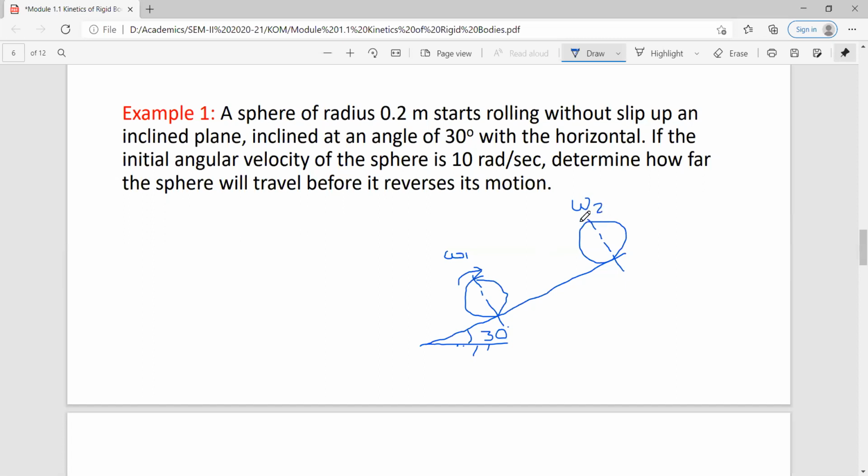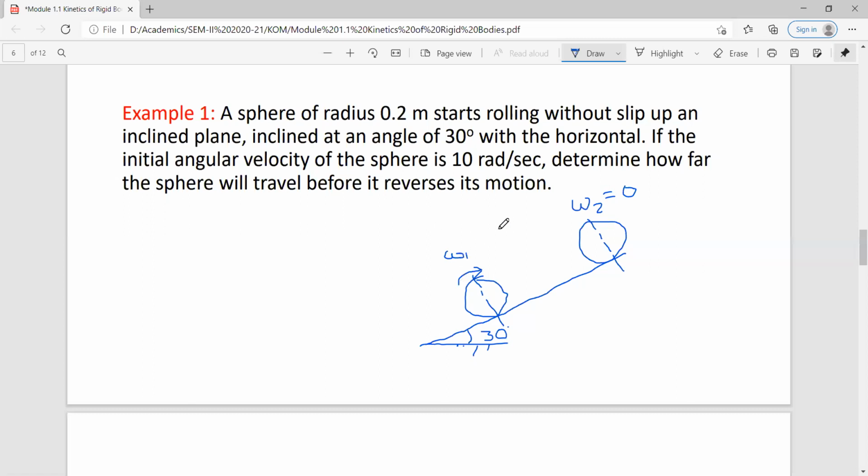In position 2, say angular velocity is omega 2, and as it has halted its forward journey, at position 2 you can say that angular velocity is 0. Here at position 1, angular velocity is 10 radian per second, which is given.